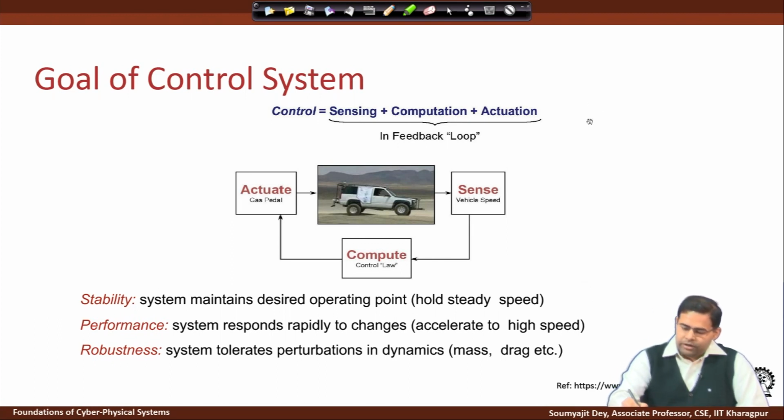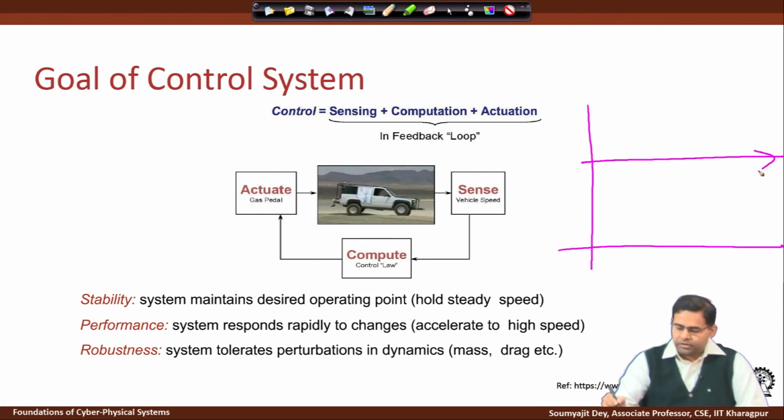So, if I try to give an idea here, let us say this is my desired speed. And then if I ask whether this system is stable, the question of stability is: this is my desired reference, how nicely do I get to this reference?